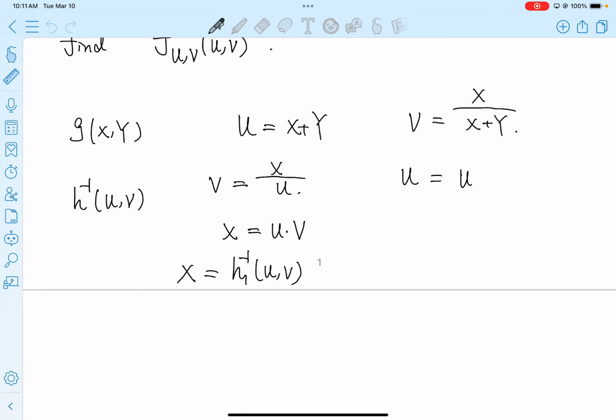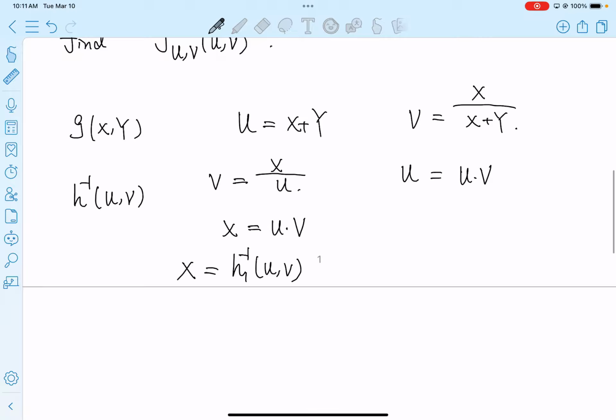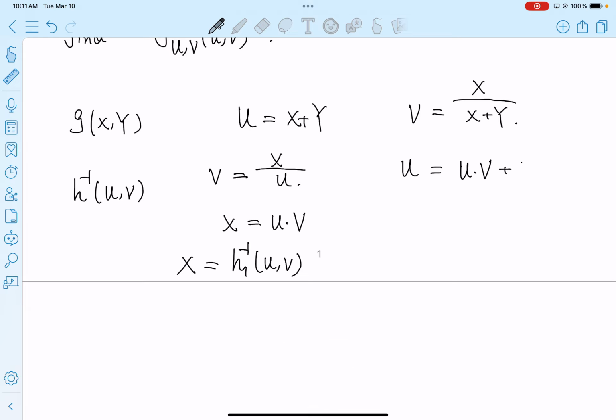So let's replace the x by u times v, plus y. I'm using the definition of u from the g, replacing the first x by the new relationship we just obtained. Now you can see that we have one equation involving only u, v, and y, so we should be able to separate y in terms of u and v.